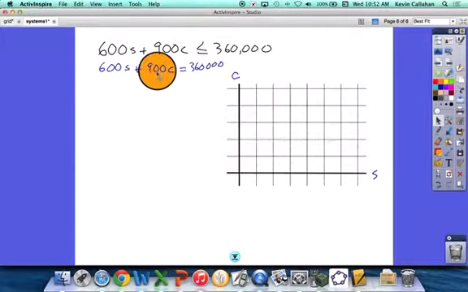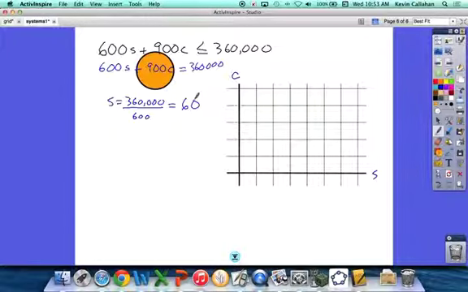Again, first, to find the s-intercept, I'll cover up that term. And I'll say, okay, then s equals 360,000 divided by 600. Right, and what is that? Drop the 0s. That's 600.